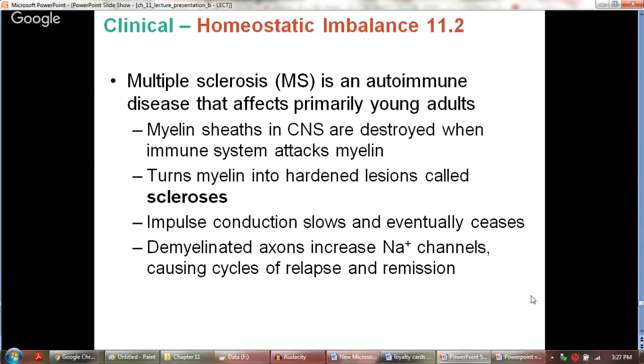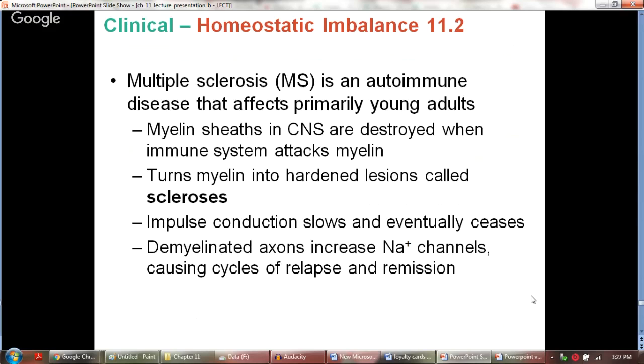Some of the clinical aspects of the components that we have discussed relate to certain diseases involving nerve conduction and fibers. Multiple sclerosis is a well-known disease, an autoimmune disease that affects primarily young adults.